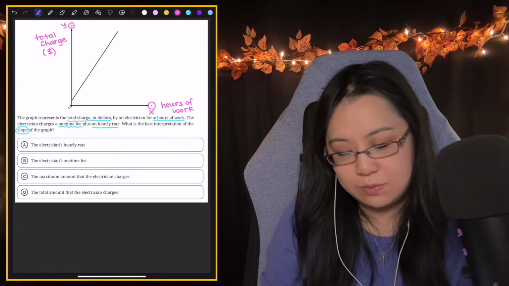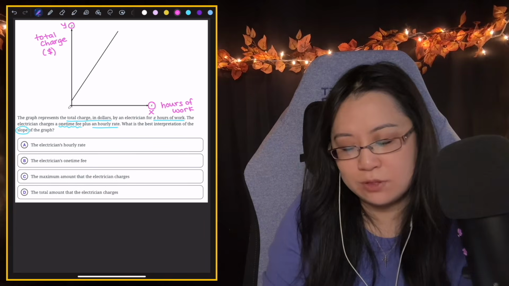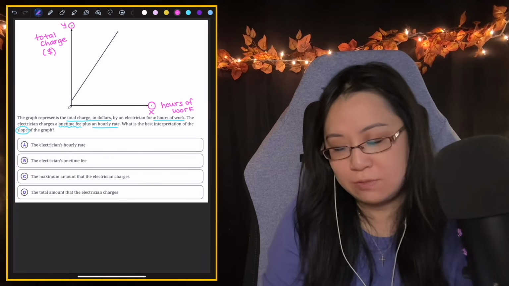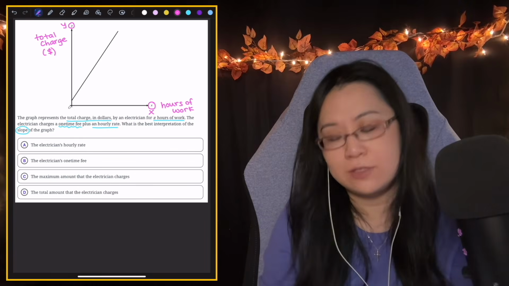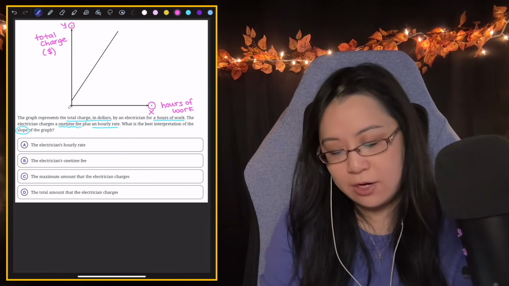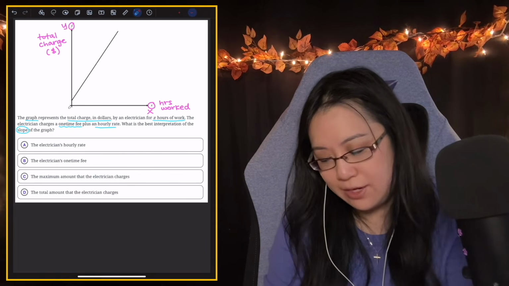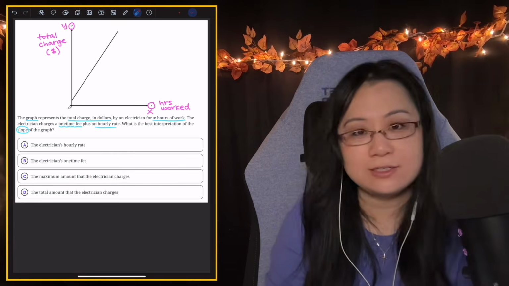Well, presumably the more work this electrician does, the more the total charge will be, and the total charge is a function of the hours worked. So like we said, this is the actual graph of the situation. The rest is context and setup.